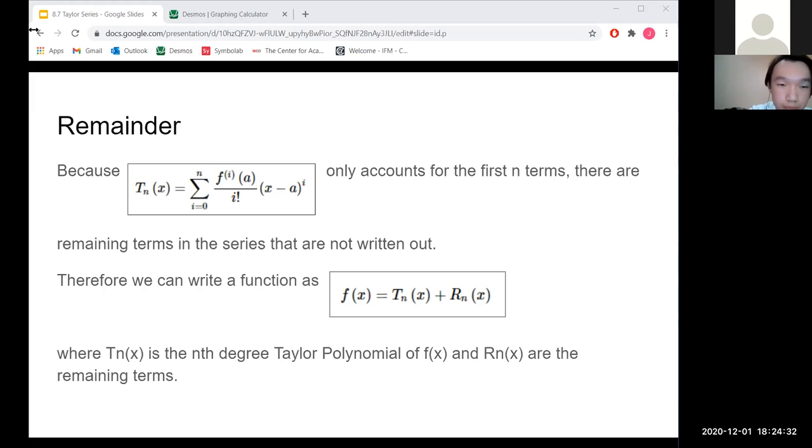So if I write out, say, just the first three terms like we did over here with the second degree, let me write it the other order: 1 plus x plus x squared over 2 factorial. This is not the whole Taylor series.